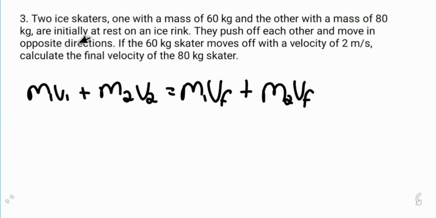Now these two skaters were initially not moving, so their momentum is 0.